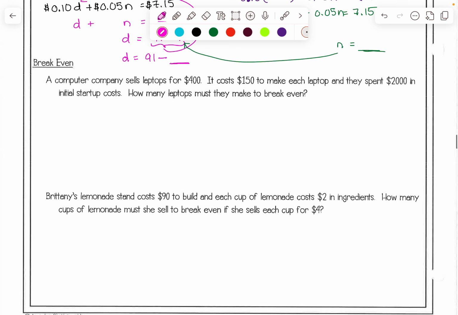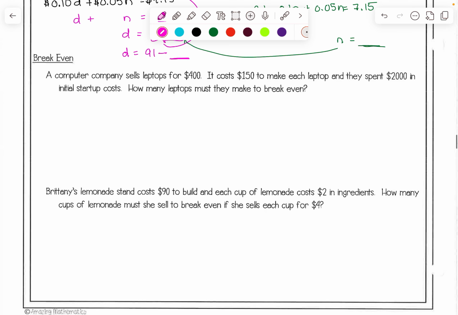Break even. A computer company sells laptops for $400. It costs $150 to make each laptop, and they spent $2,000 in initial startup costs. How many laptops must they make to break even?